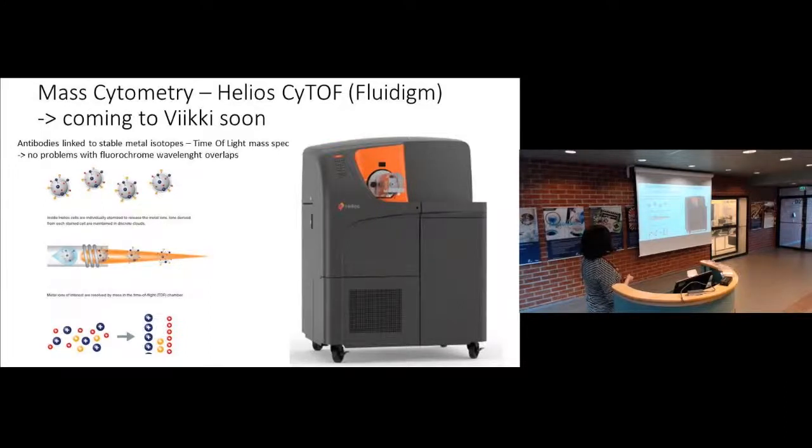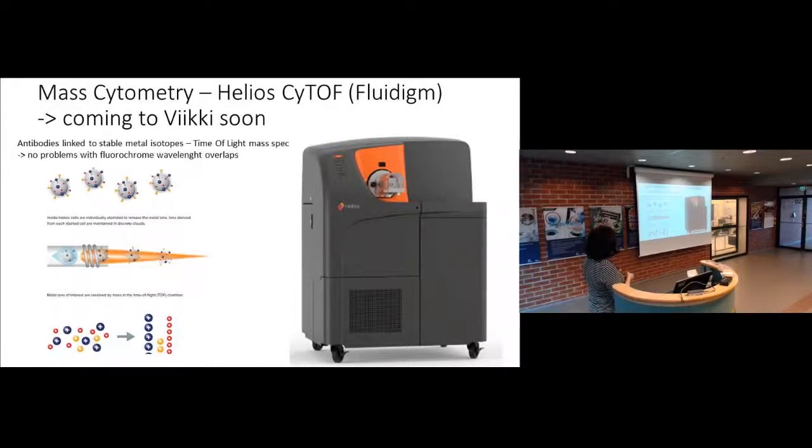Therefore you can multiplex many more labels in the same staining, because with these metal isotopes you don't have compensation problems like in FACS, where you need to care about the wavelength overlaps of different fluorochromes, because these metal isotopes are very accurate in size. So you label the antibodies with these metal isotopes, easily 40, 50, 60 different ones. Those panels can be built.